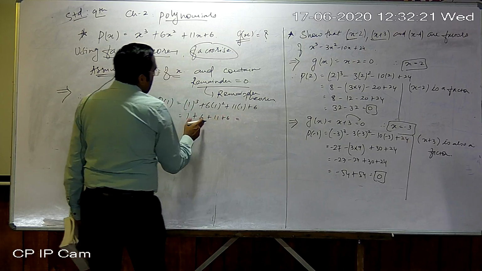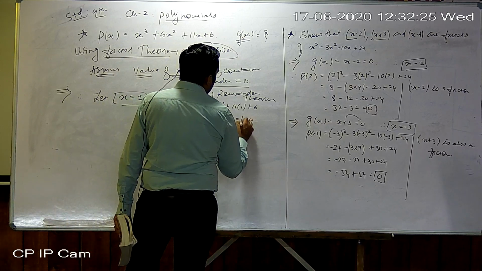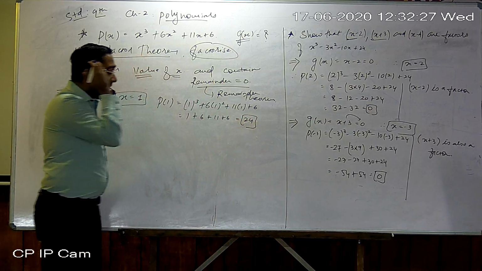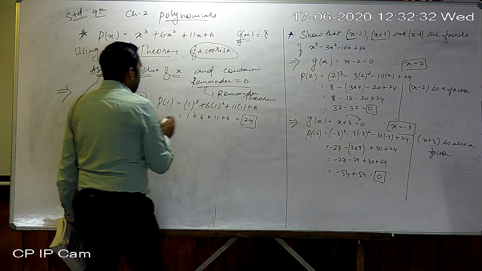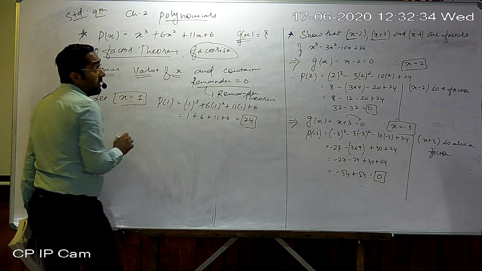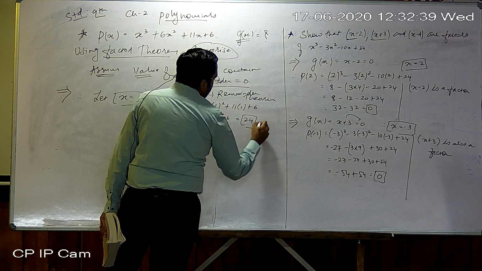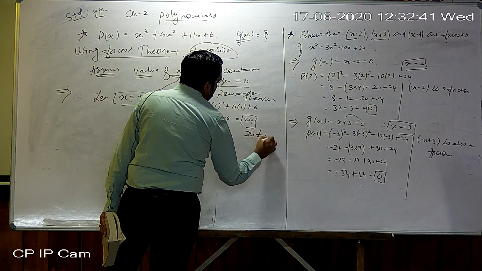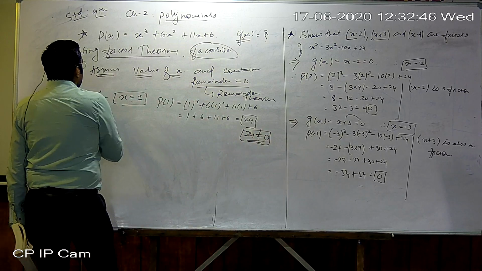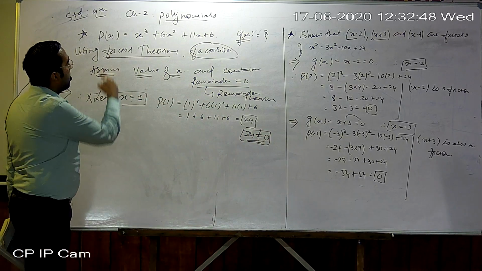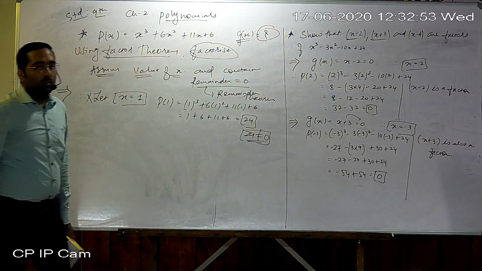My answer is 6 plus 6 is 12, 12 plus 12 is 24. So here my remainder is 24. Therefore x minus 1 is not a factor of the given polynomial, since my remainder 24 is not equal to 0. Therefore I am not taking this value of x as g of x.